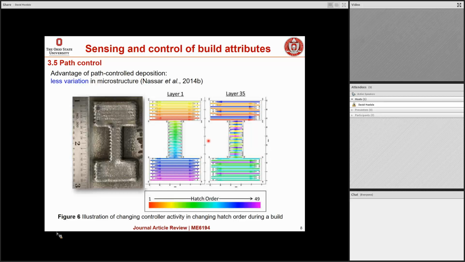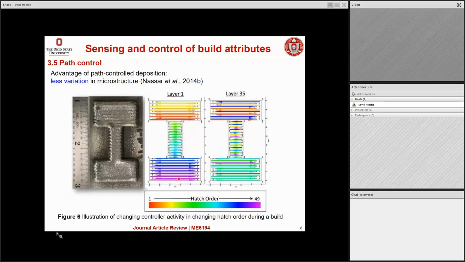But red starts somewhere in the middle and then it goes up and then moves down. That's one, right? Red is one. Yes, red means the first hatch, where the laser points first, and later is the order. For the layer, this just goes from here and then goes to the bottom.